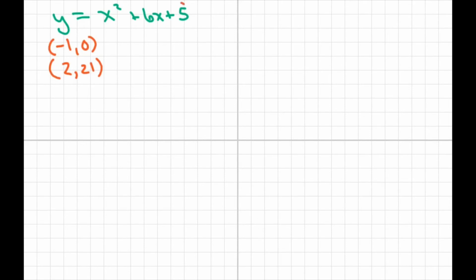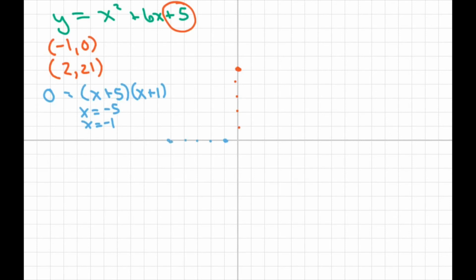Let's first get our y-intercept as 5. 1, 2, 3, 4, 5. And let's find our x-intercepts by factoring this. So our x is -5 and -1. So we have this, 2, 3, 4, 5.